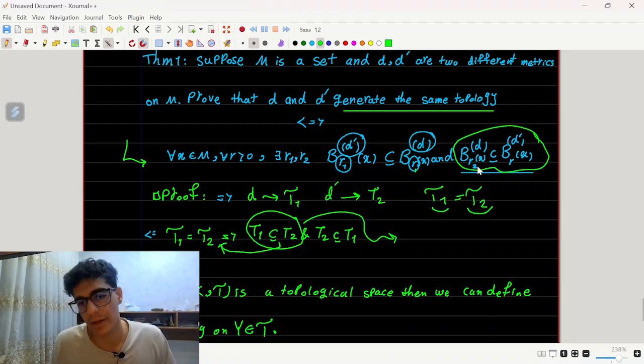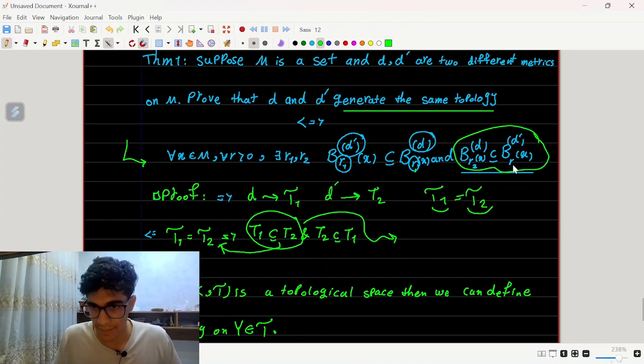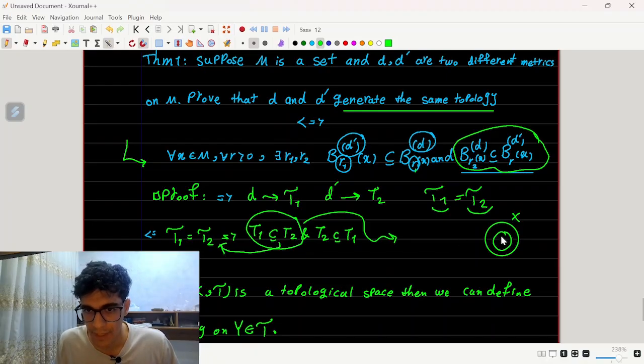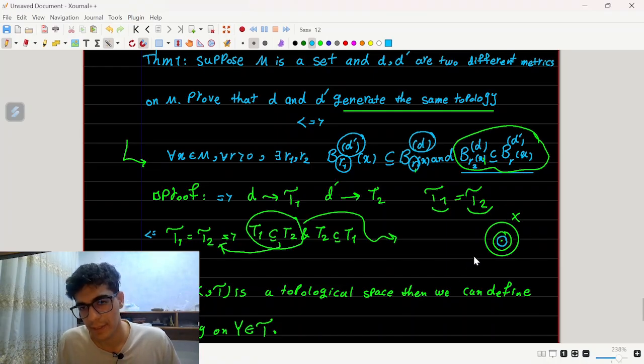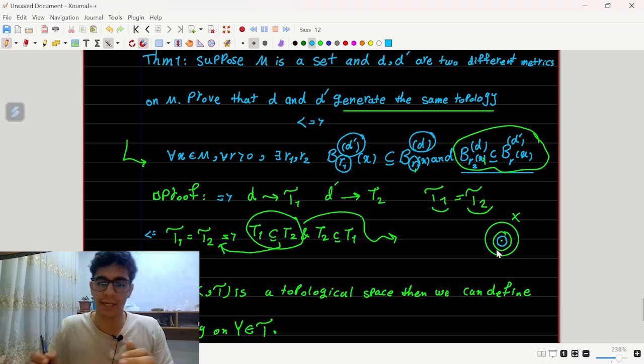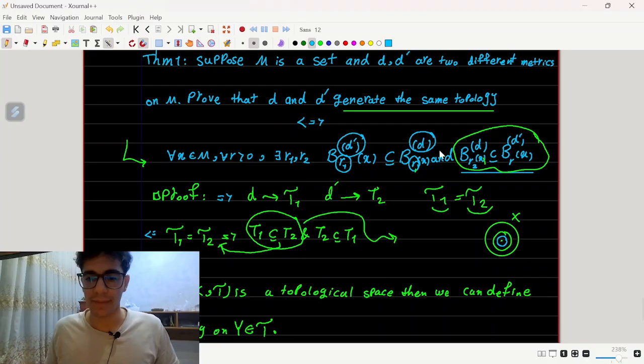Since the neighborhood of x with radius r2 in our metric D is a subset of an arbitrary radius neighborhood of x in our metric D prime, let's suppose that this is our metric space and this is B_r. What this is saying is that my neighborhood is smaller. Let's suppose that this is x, and it says that I can do this. So if it can do this, it can build a smaller neighborhood around that point.